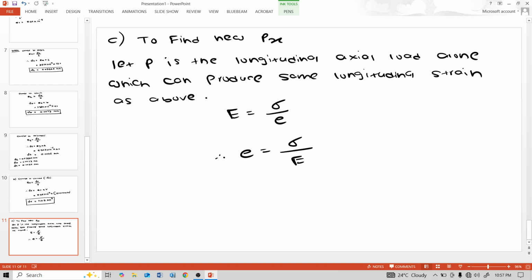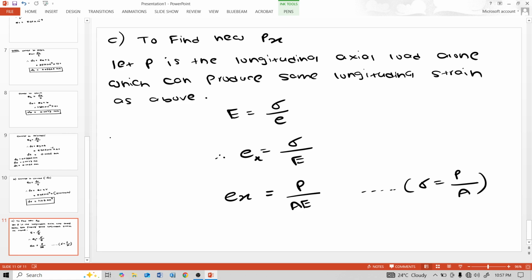So strain in x direction is stress upon modulus of elasticity, and stress is load upon area, P upon A, divided by E. So put values in this equation.